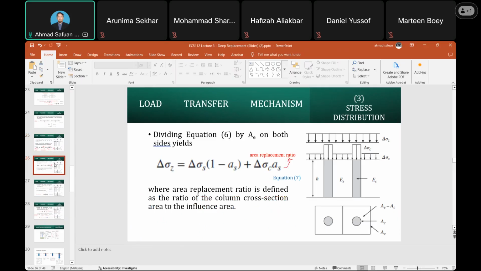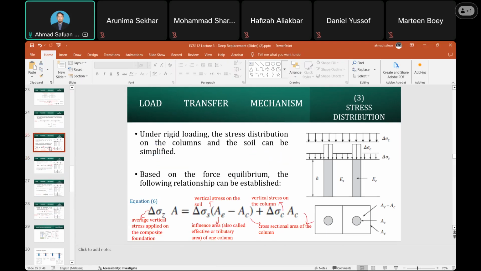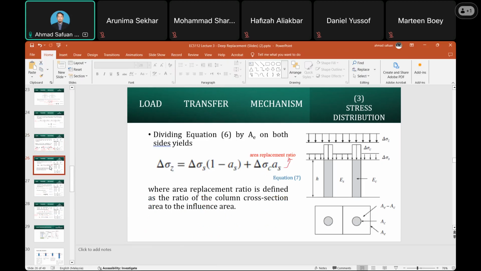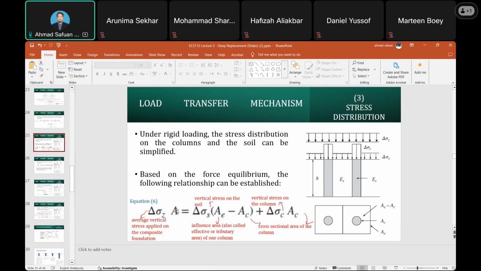So dividing equation 6 by AE on both sides, we obtain equation 7. Basically this is AE, this is AE, because AE is the total area. They missed the E here.